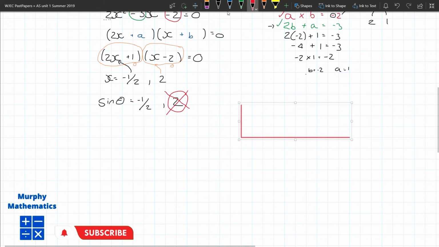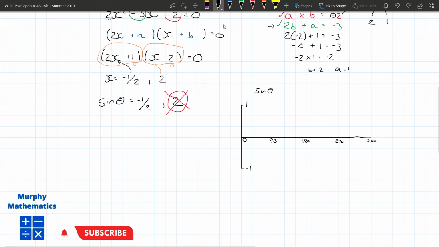I'll draw it out. If I was to start drawing the sine graph, so sine theta, we know the maximum value here is 1, the minimum value is minus 1, and this will be 0. And what we're going to do is put our important points, which are 90, 180, 270, and 360 about here.